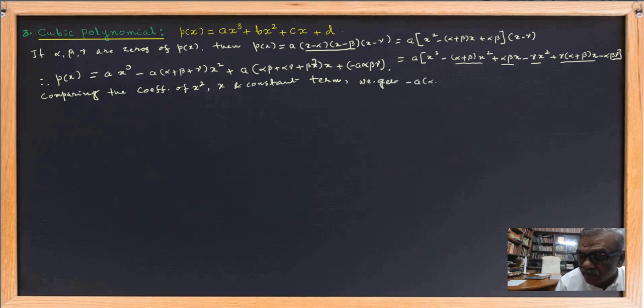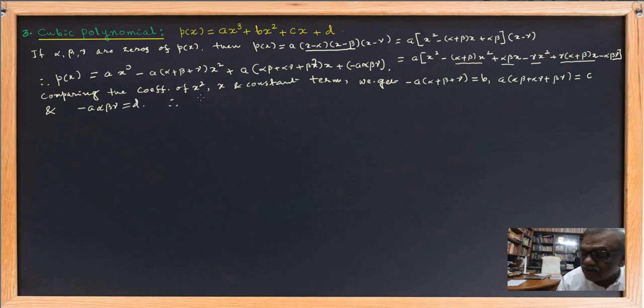minus a into (alpha plus beta plus gamma) is equal to b, and a into (alpha beta plus alpha gamma plus beta gamma) is equal to c, and minus a alpha beta gamma is equal to d.